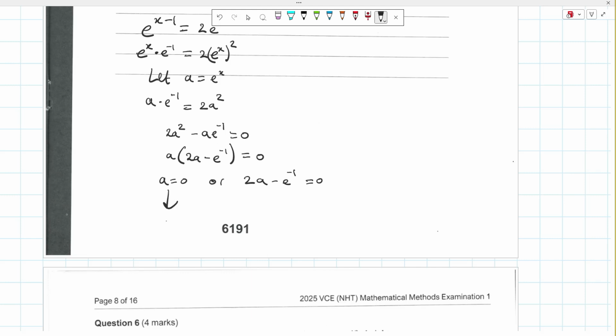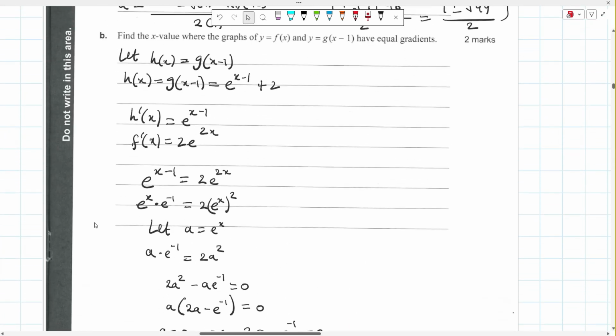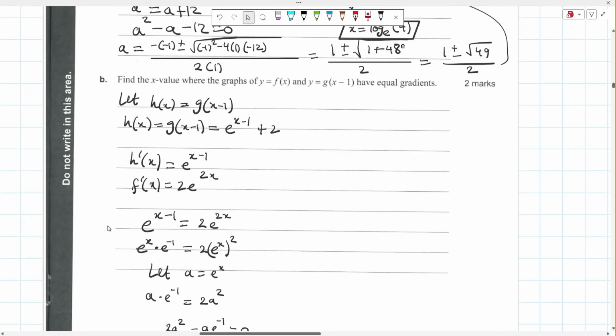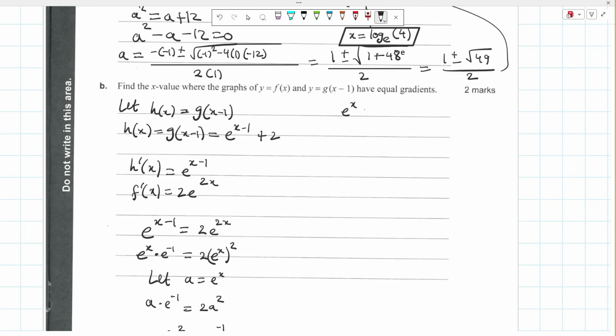Now, a is equal to 0, we just talked about this, right? The graph never goes to 0 or below 0, so we reject a is equal to 0 as a is greater than 0. And if we solve this one, we get a is equal to e to the minus 1 over 2. Right? That's just going to be 1 over 2e. Now, the question isn't done yet because a is equal to e to the x.